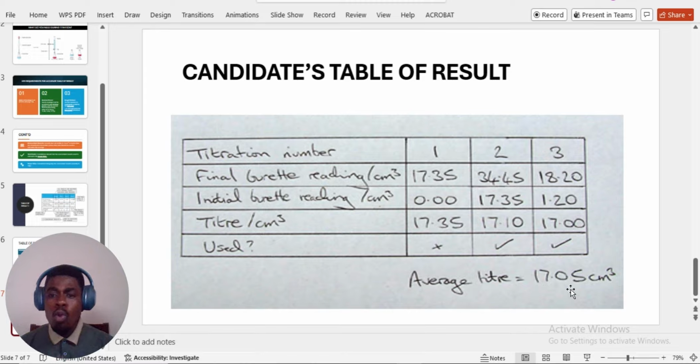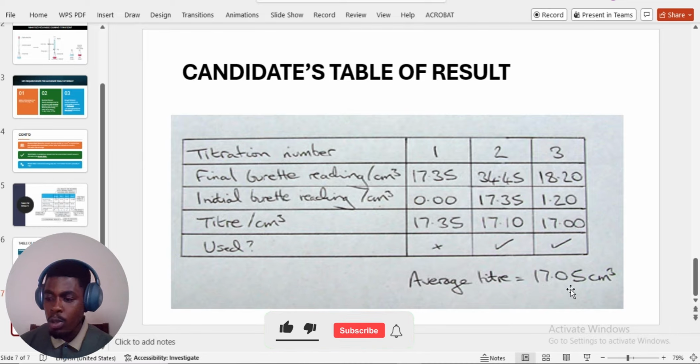No, that is why we've taken our time to come your way and elaborate on this candidate's response on how to obtain an accurate table of results.